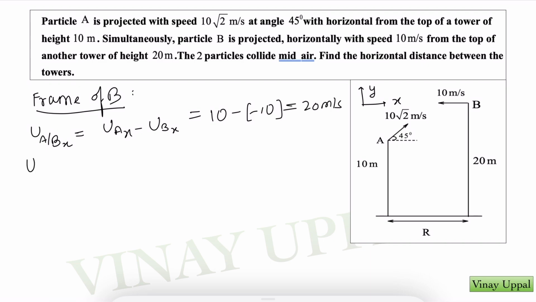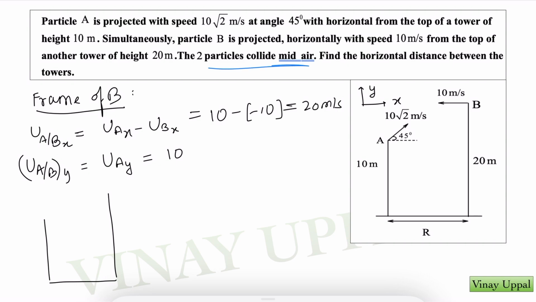And velocity of A with respect to B, the y component, will simply be velocity of A y component, because velocity of B has 0 y component. And therefore this is going to be 10 root 2 sine 45. That will be 10. So if I were to just draw the diagram here, the question says that the particles collide mid-air. So we already saw that because these two are projectile motions, in the frame of B, particle A is going to perform straight line motion because their accelerations are g downward equal.